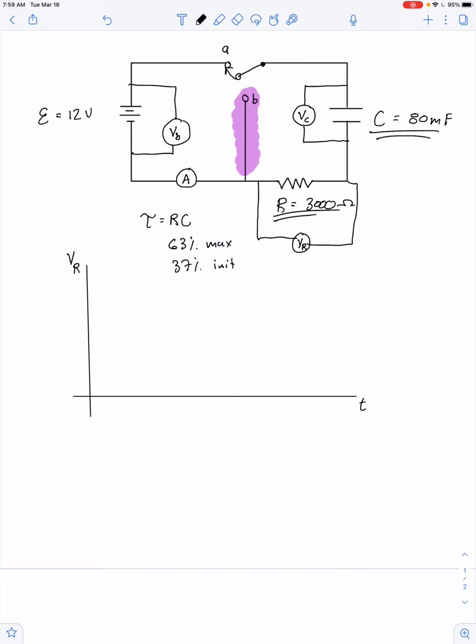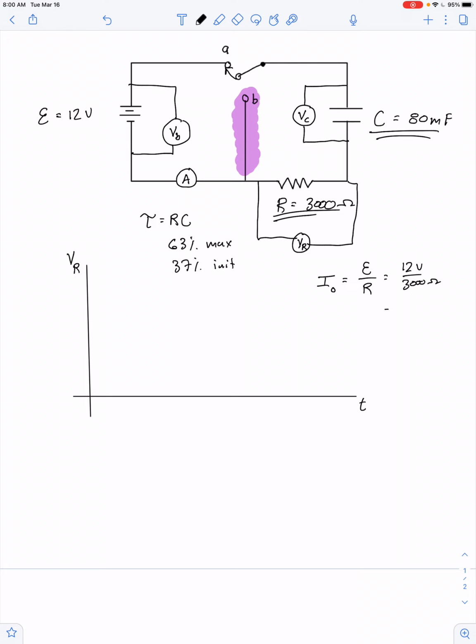Well, because this current starts out at an initial value, and by the way, the initial value of the current is nothing more than the EMF of the battery divided by the resistance in the circuit. So in this case, it would be 12 volts divided by 3,000 ohms.